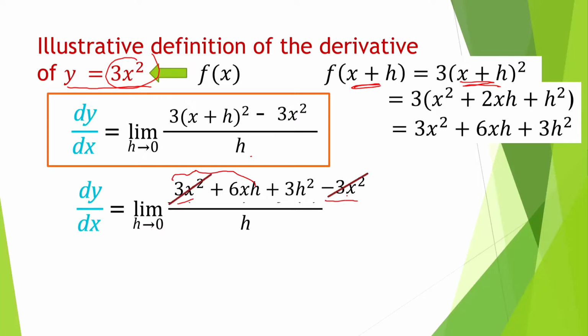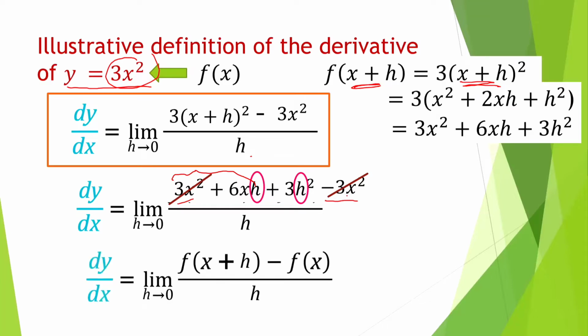Tapos, meron tayong common factor dun sa natira. Common factor tayo na h. We can factor it out, no? So, lalabas niyan, pwede tayo magkaroon ng h multiplied by quantity 6x plus 3h all over h. Yan, so magka-cancel lang yung h over h. That fraction approaches 1 as h approaches 0.